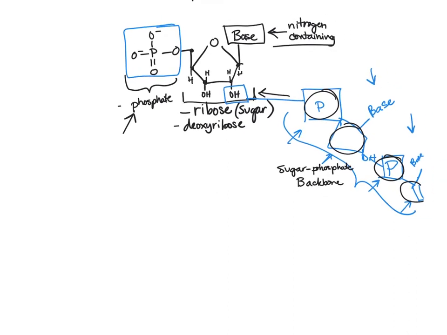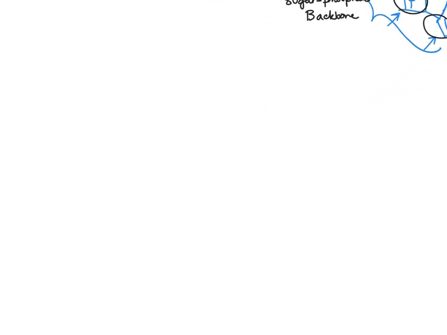So let's take a closer look at how this relates specifically to DNA. We'll get into a little bit more detail. DNA, one of our nucleic acids, stands for deoxyribonucleic acid.